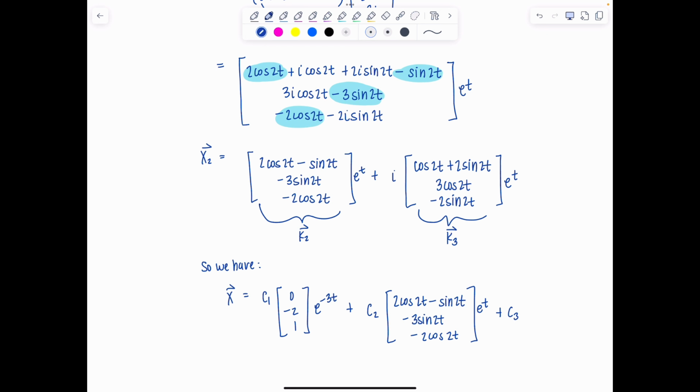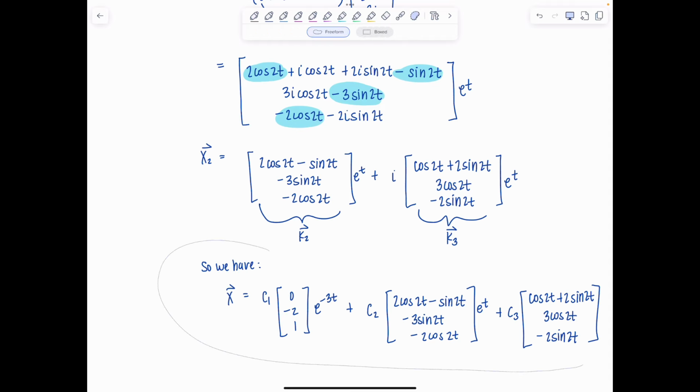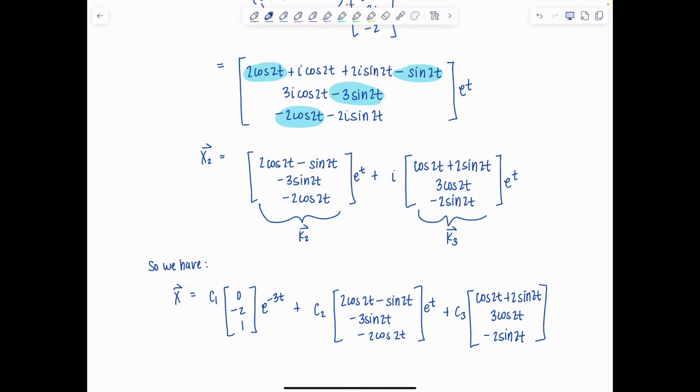Plus C3 cosine 2t plus 2 sine 2t, 3 cosine 2t, negative 2 sine 2t, e to the t. Good?